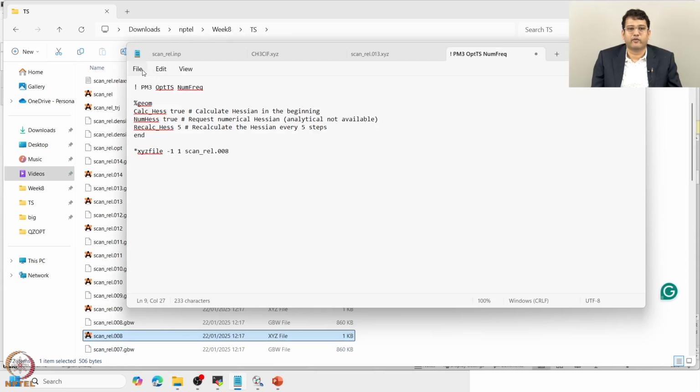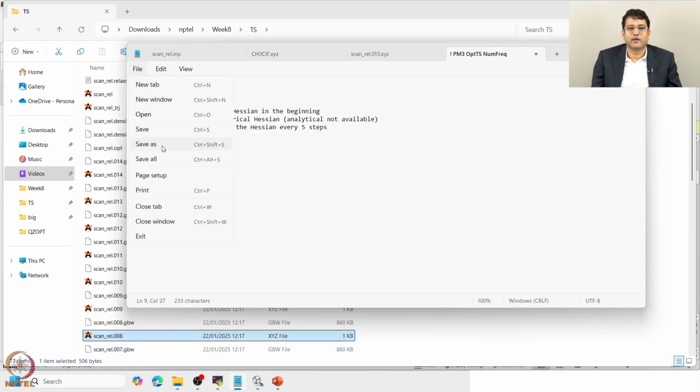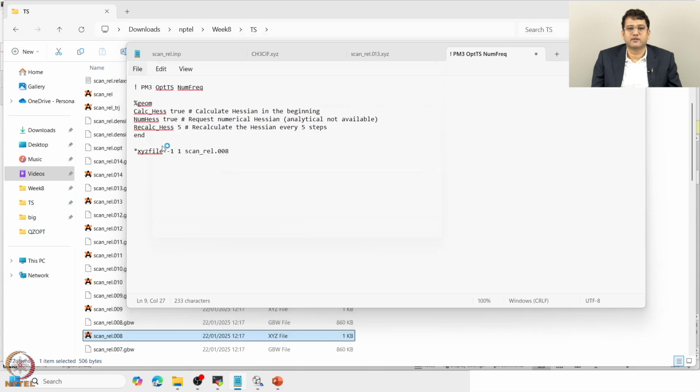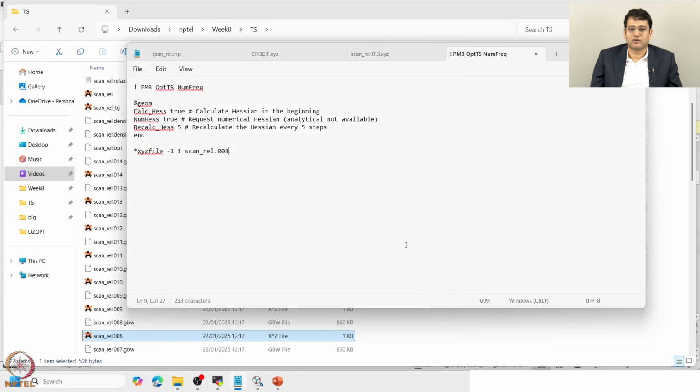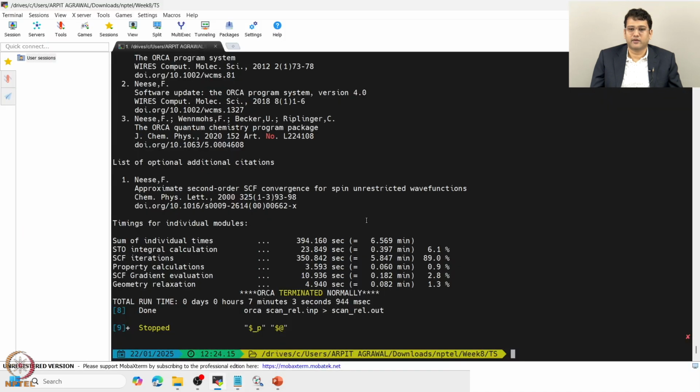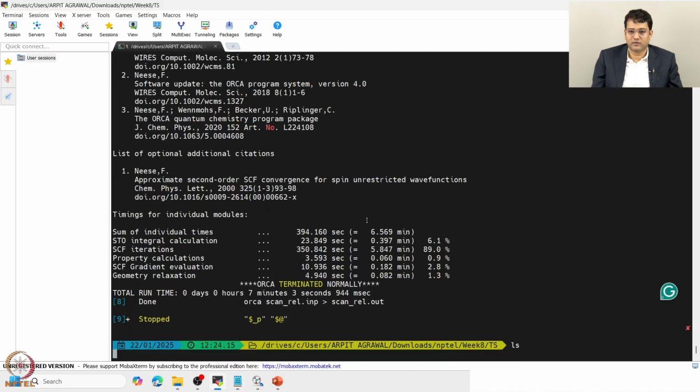This is scan.rel, and this I can save as maybe final TS.inp, and now I can run the calculation.